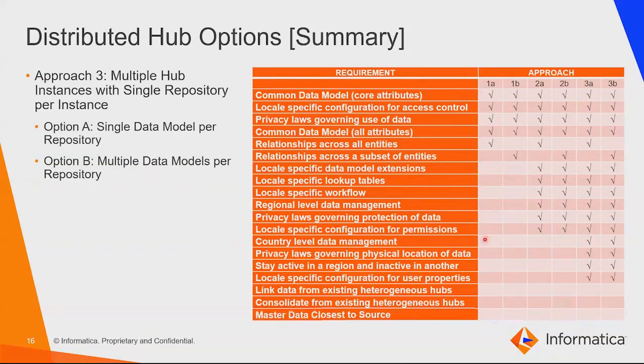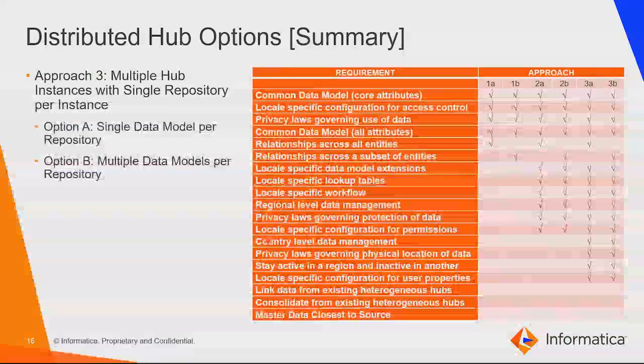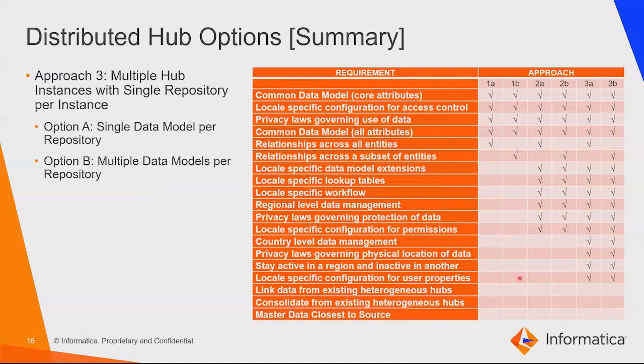And when we are talking about these approaches, this primarily helps with these kinds of requirements where it is country level data management, where you have a requirement to adhere to privacy laws governing physical locations of the data, could be like an on-soil requirement. It could be staying active in a region and inactive in another region, or it could also have some kind of requirement around the locale or languages and their user properties.